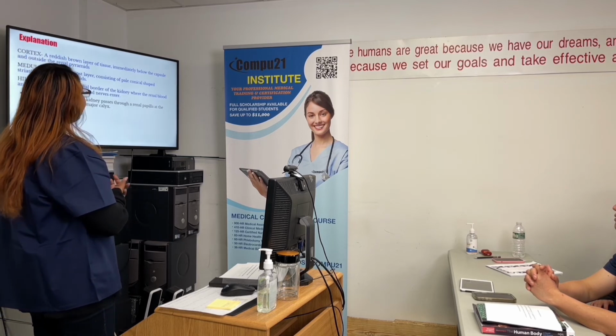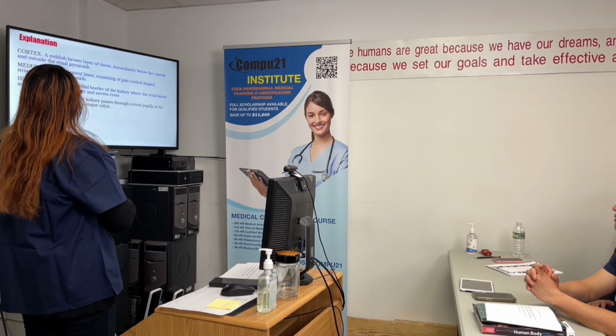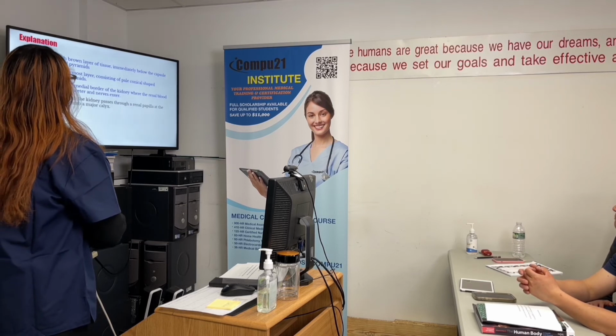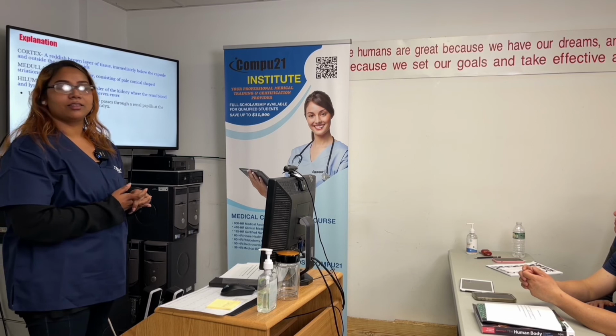Urine forms within the kidney and passes through the renal papilla at the apex of the pyramid into the major calyx.